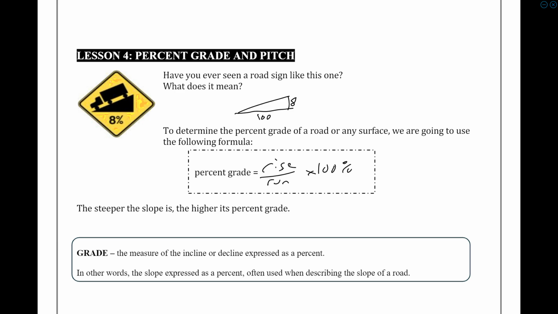Now, one thing that some of you more brilliant ones might be thinking: wait, so what would rise over run be? If it's steeper, it's a higher grade. So if you had a hill that was a 100% grade, that would be because it has the same rise as it does run.